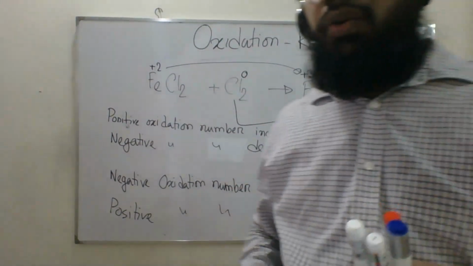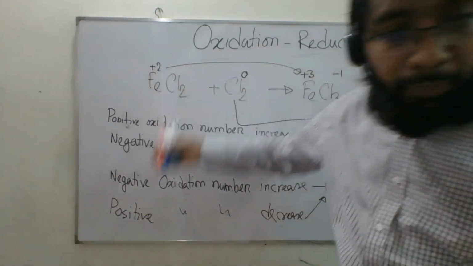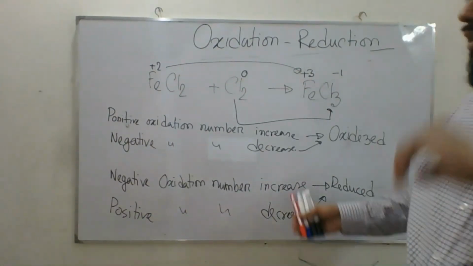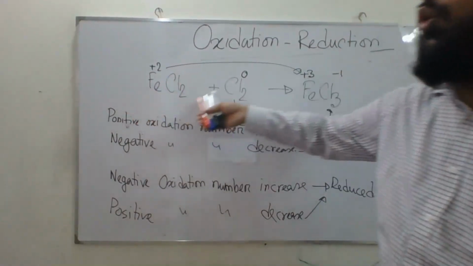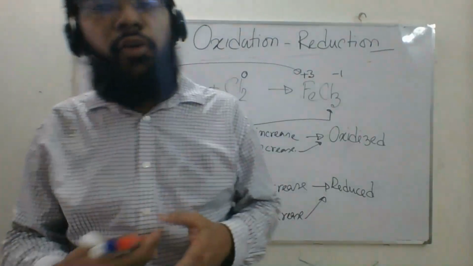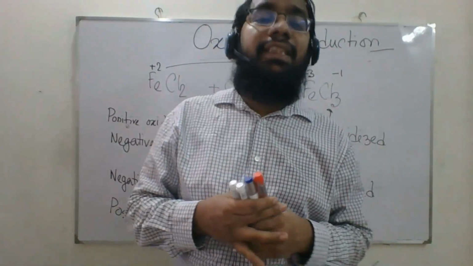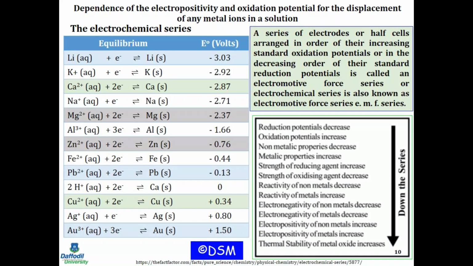Now, if there is this type of reaction and there are a lot of reactants in the solution, how will you determine which ion gets oxidized or which ion gets reduced? This is determined by the EMF series.